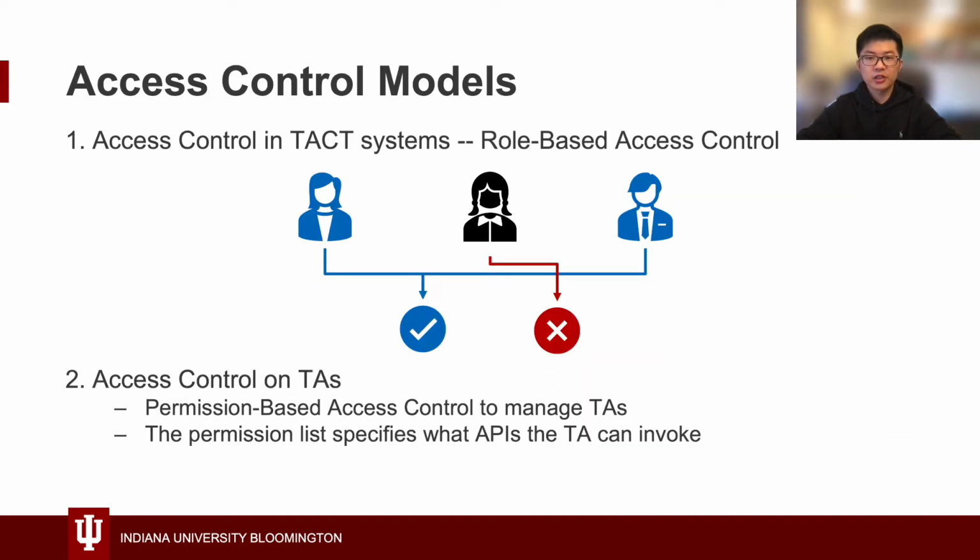Considering the team members and the team chat apps in team chat systems, the systems implement two access control models to protect them. The first one is the role-based access control model, which can protect data and other information. Under this model, team members are granted access to resources based on their role in the team.